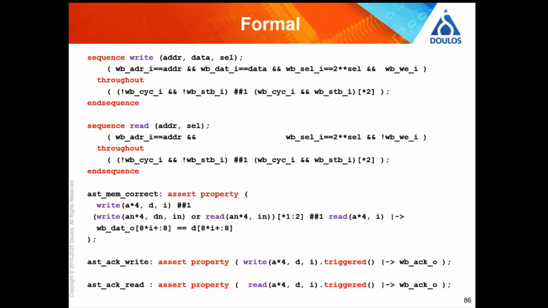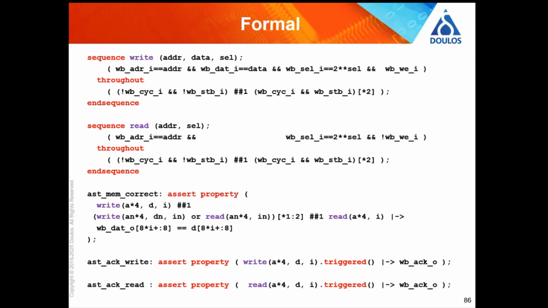And that property is using those two things called a sequence, and it's saying we're doing a write. Basically, if you look at the right-hand side of the slide, that arrowy thing is called an implication operator. It's a really, really powerful operator. It says, if the left-hand side is true, then the right-hand side should be true.